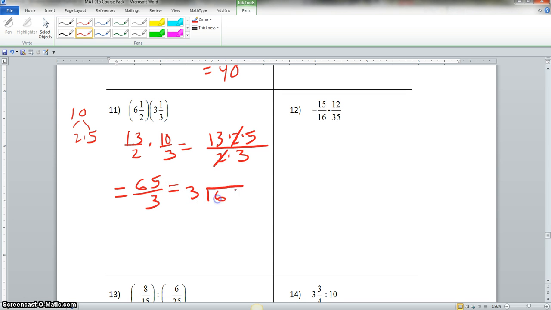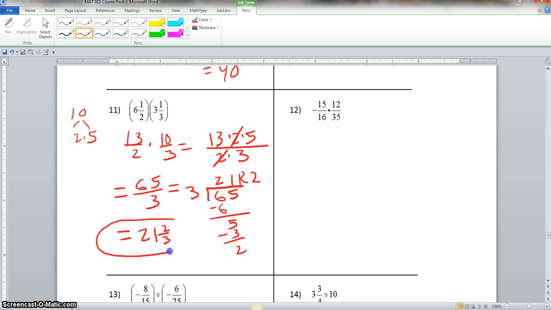So we would take 3 into 65. 3 goes into 6 twice. 3 goes into 5 one time. And we have a remainder of 2. So our final answer here, we will have 21. Our denominator will remain 3, and our numerator would be 2. So it's 21 2/3.